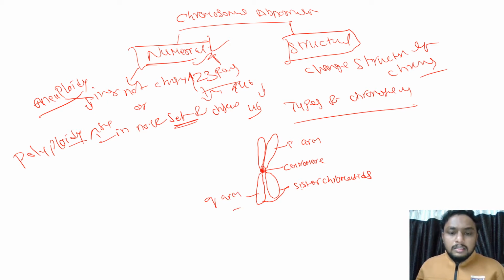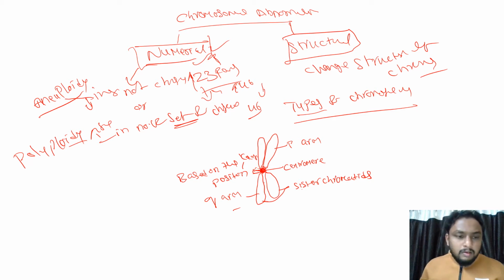Based on the position of the centromere, the chromosomes are divided into four types. What are those? I will write here: types of chromosomes.